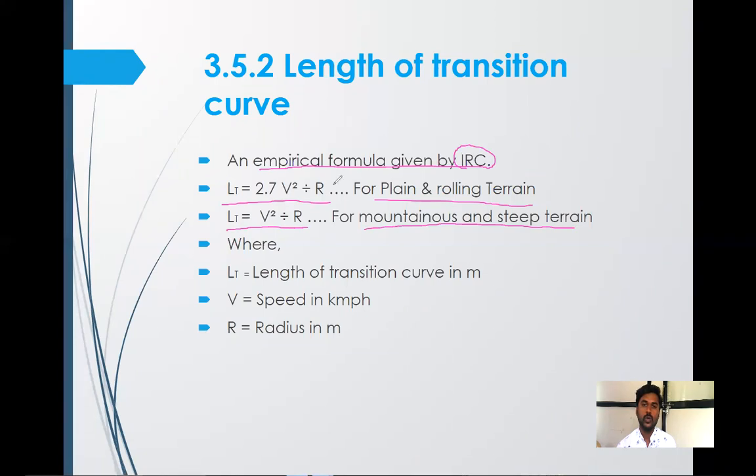So the first is the rate of change of centrifugal acceleration, second is the rate of change of superelevation, and the third is the empirical formula given by the IRC.